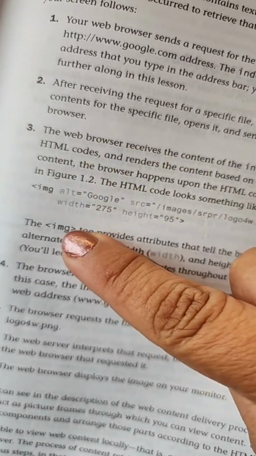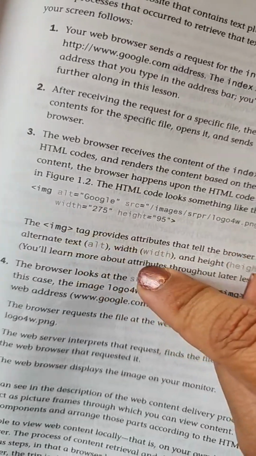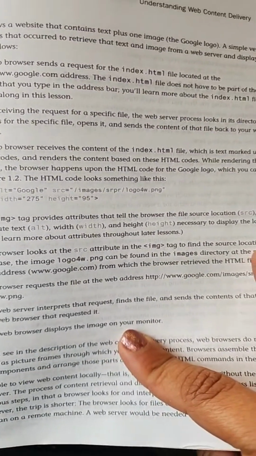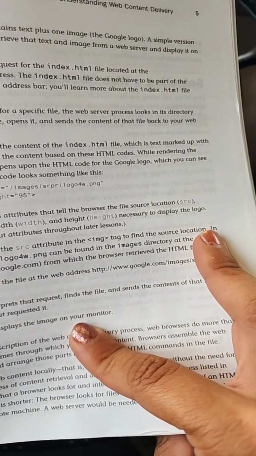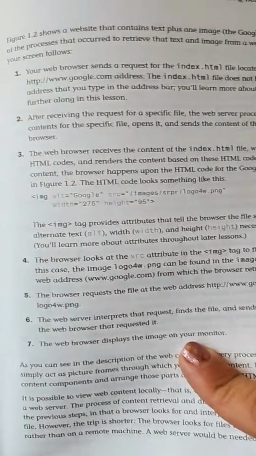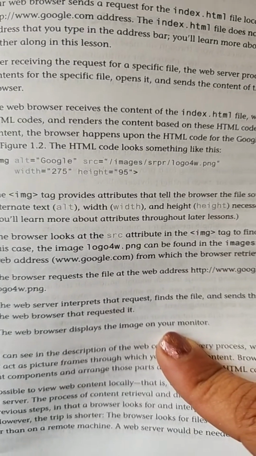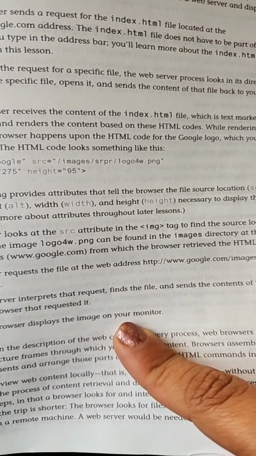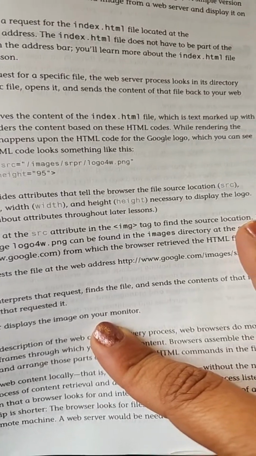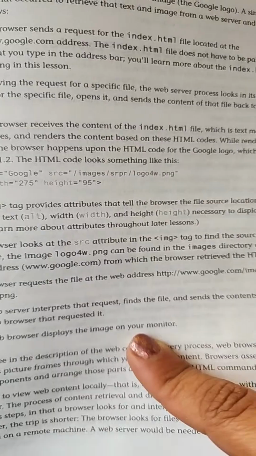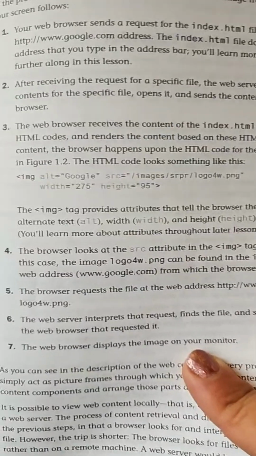So it says that the img tag provides attributes that tell the browser the file source location, src, alternate text, alt, width, and height, necessary to display the logo. You'll learn more about attributes throughout later lessons.